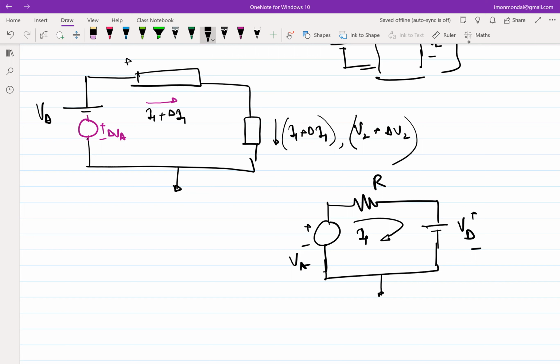Because obviously, when you remove the element and plug in a voltage source, or remove the element and plug in a current source, that element has changed. There is no doubt. But the question we are asking is, does the rest of the circuit know that the element has changed? How does the rest of the circuit interact with that element? It interacts through the current and voltage going through that element. If I am preserving that current and voltage, then the rest of the circuit doesn't bother.